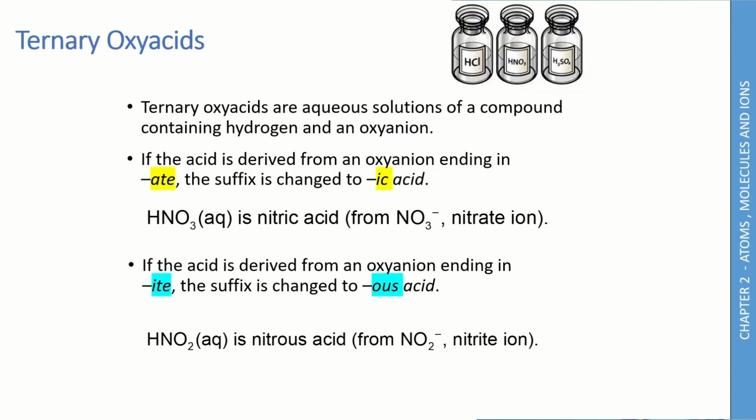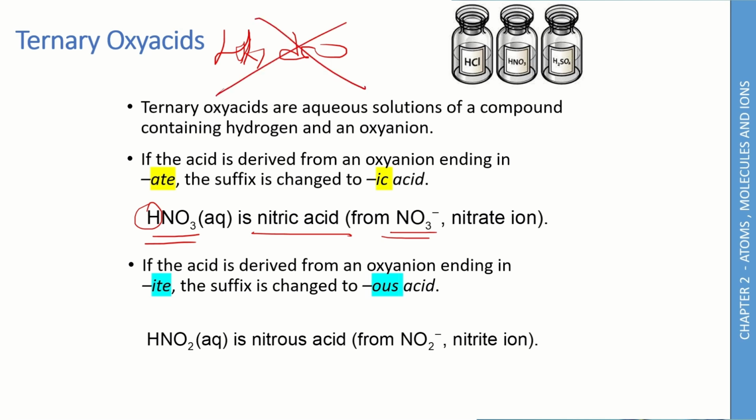So we have a ternary oxyacid. Oxyacid, we have oxygen in it, like we have over here. So oxygen, and we have hydrogen as well. So here we have a nitrate ion. And look how in the name, nitric acid. So you don't use hydro over here, okay?